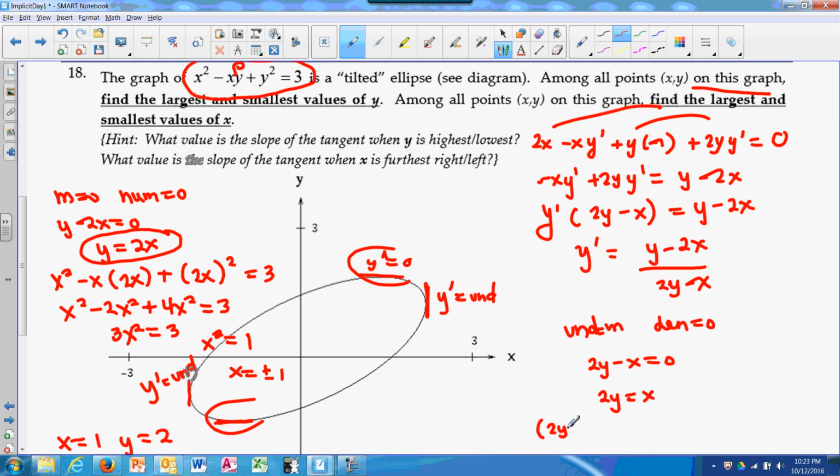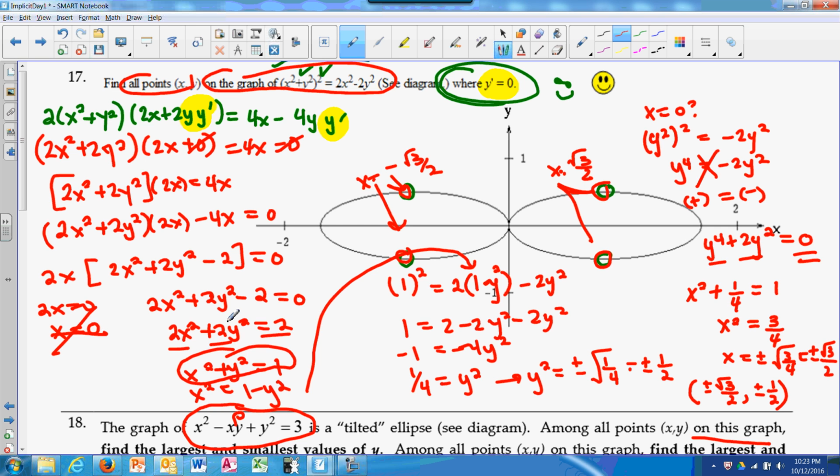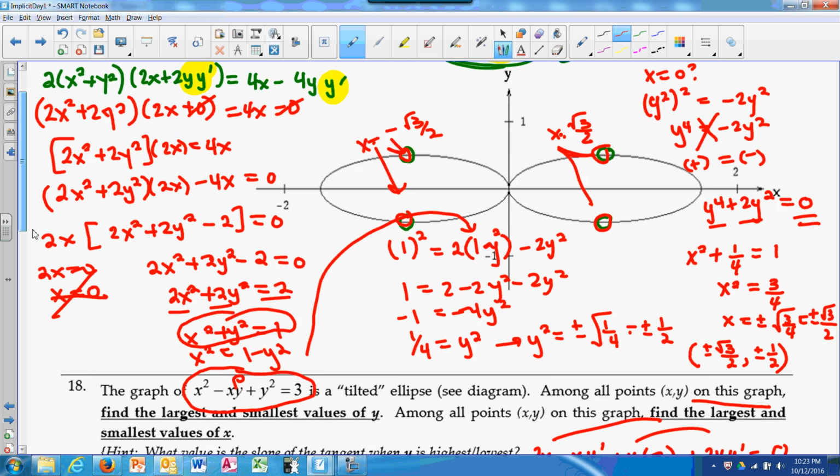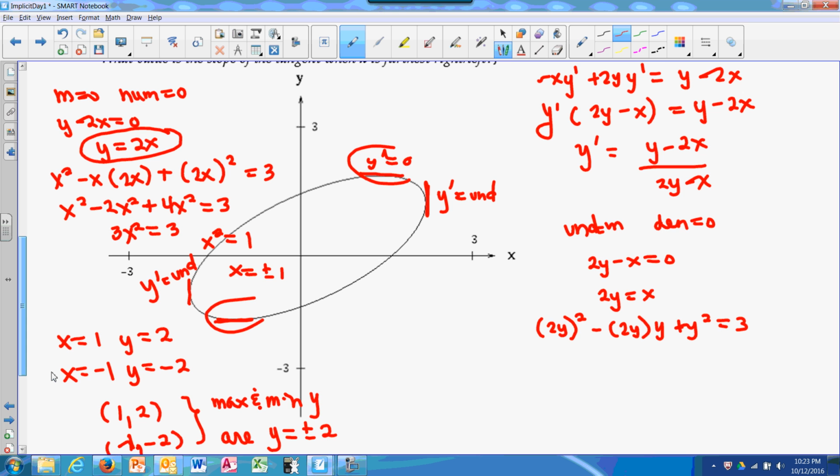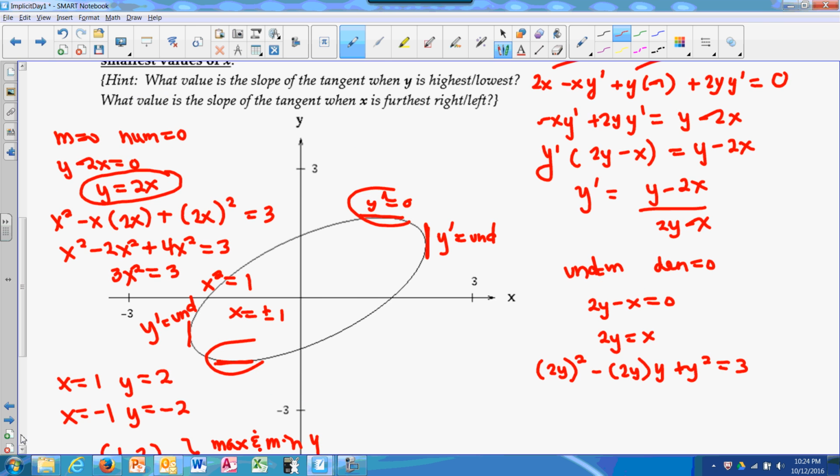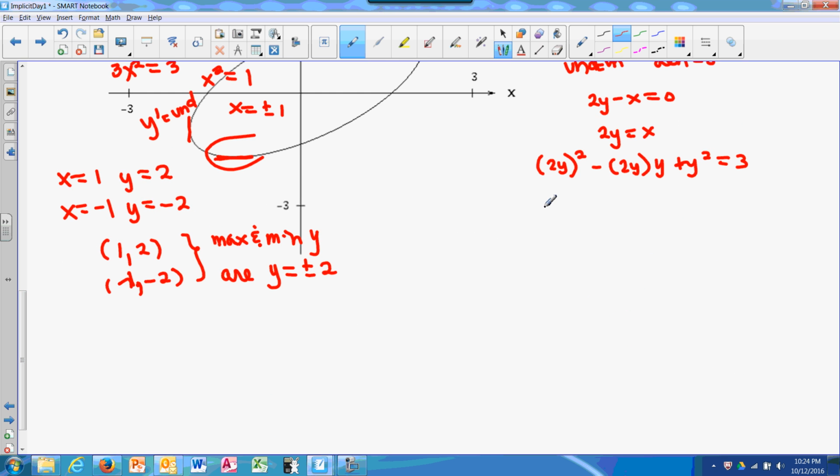So x is going to be replaced with 2y. Squaring, we have 4y squared minus 2y squared plus y squared equals 3.